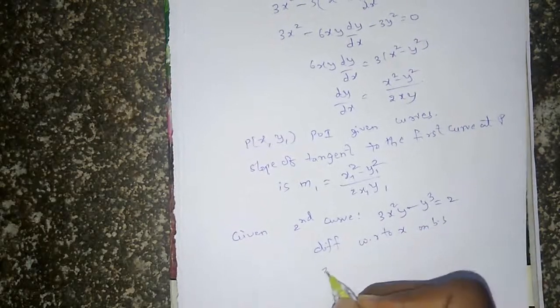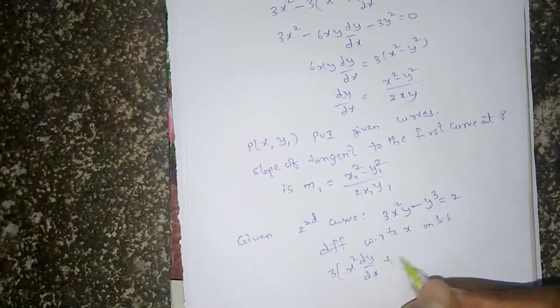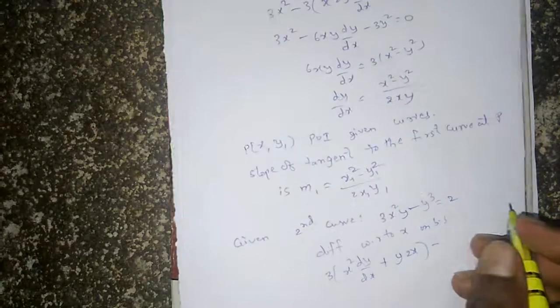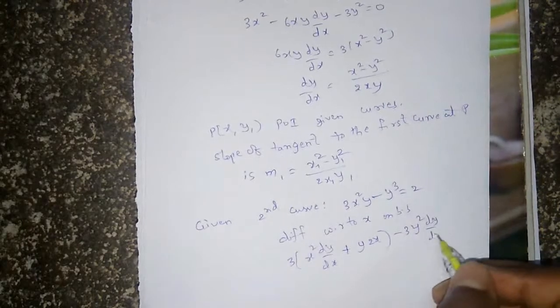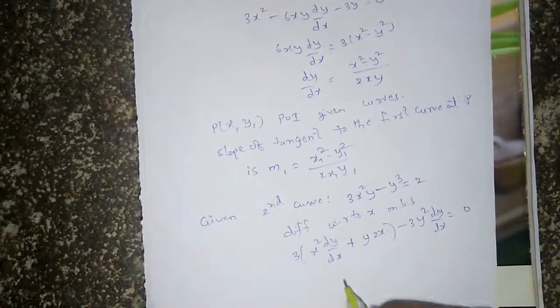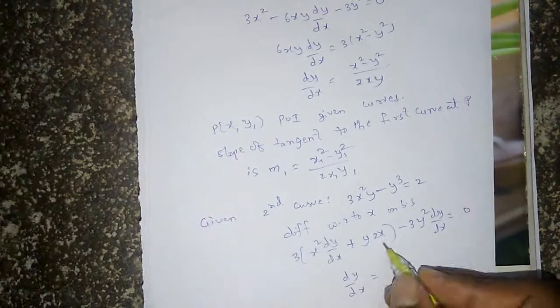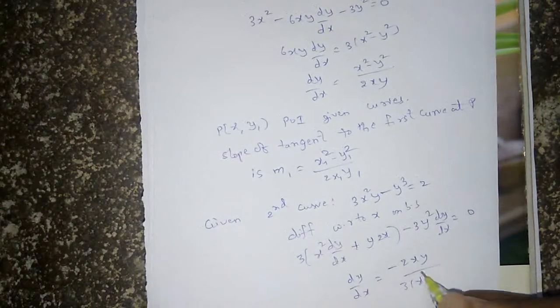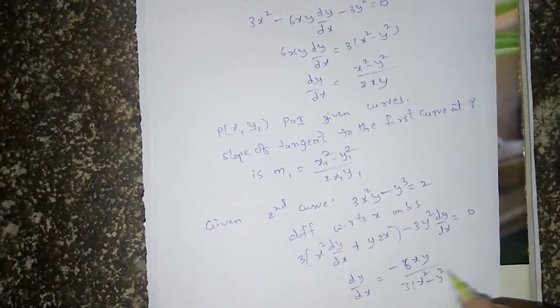Here derivative is 3 into x square into dy by dx plus y into 2x minus derivative of y cube is 3y square dy by dx is equal to derivative of 2 is 0. Here take dy by dx common, dy by dx is equal to minus 2xy by 3 into x square minus y square.